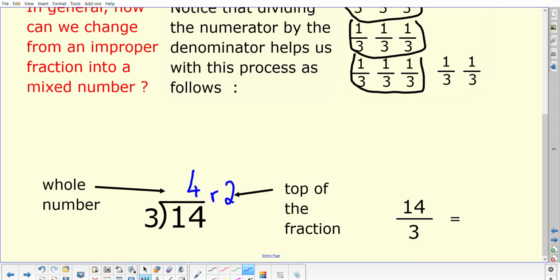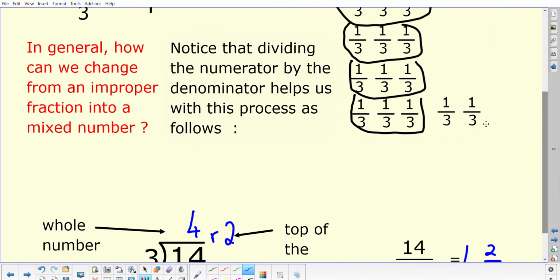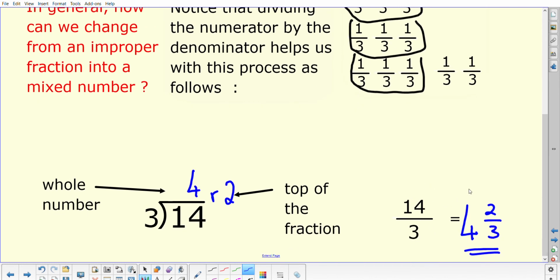Notice that the 4 was our whole number, and the 2 was how many thirds we had that didn't create the whole picture. So this process of dividing the numerator by the denominator helps us get from an improper fraction into a mixed number.